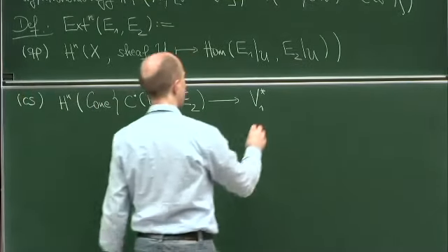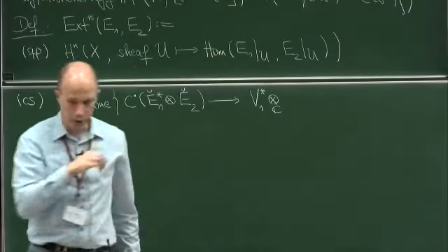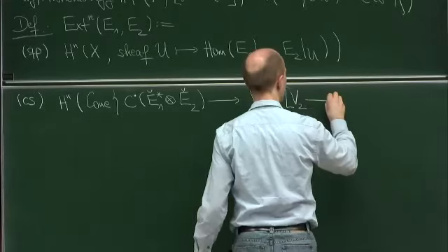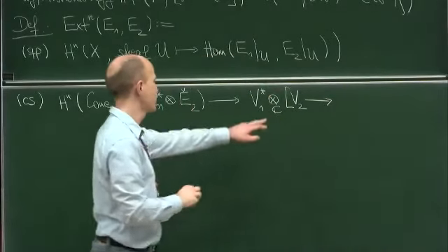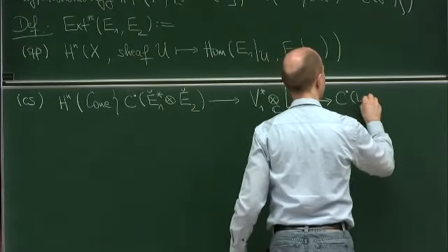Now you tensor that over C with the Čech complex of the underlying vector bundle E2 Čech, but that is still augmented a bit. So you take V2. V2 is a vector space of global sections of E2 Čech.